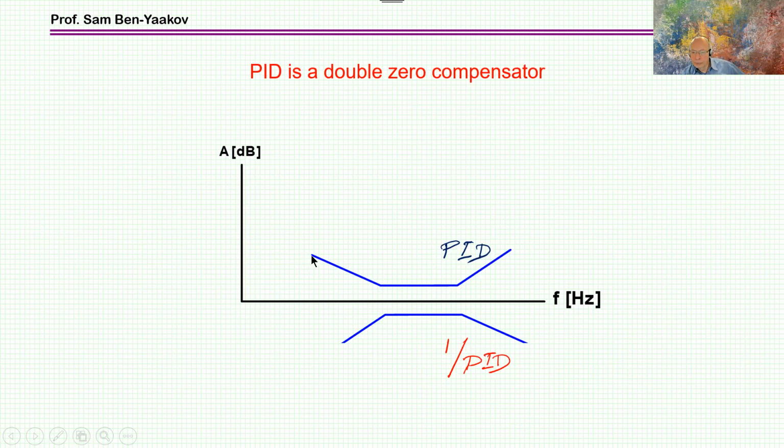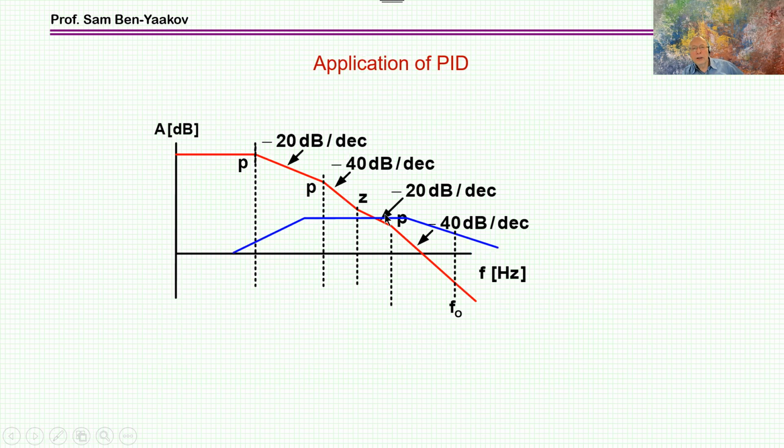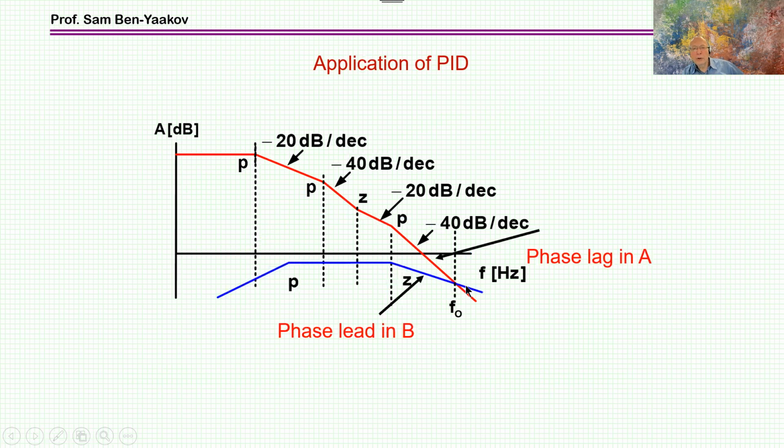And we see that 1 over the PID is something like that. This is 1 over. Okay, so now we understand the following. We can use it like this to close the loop here. We can use it like this, close the loop. Or we can use it as actually a type 3 compensator.